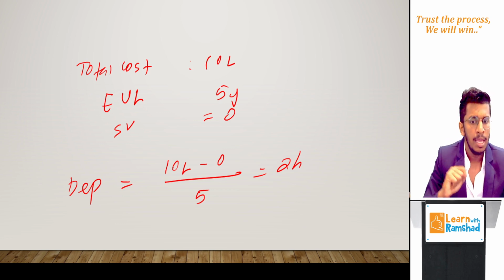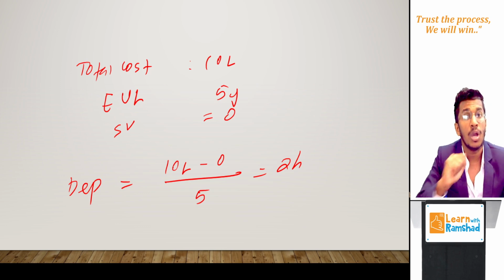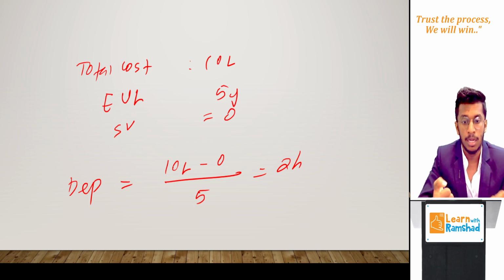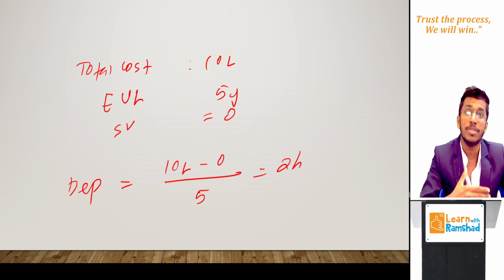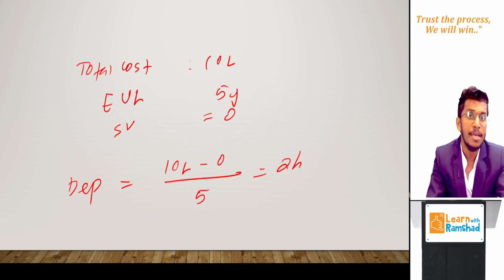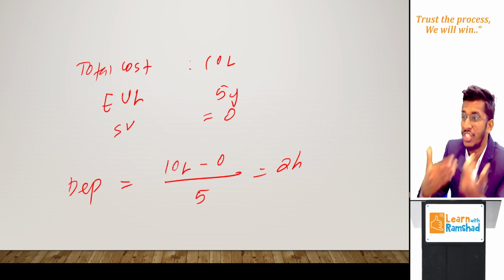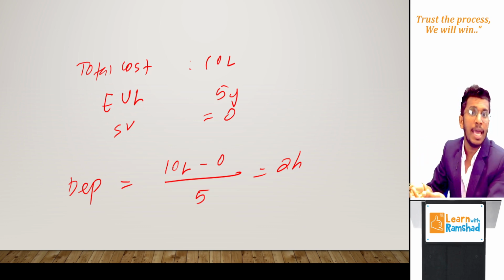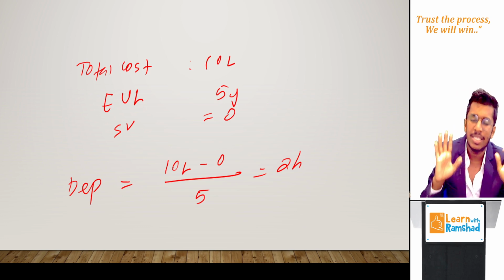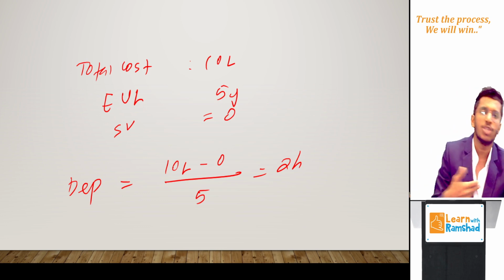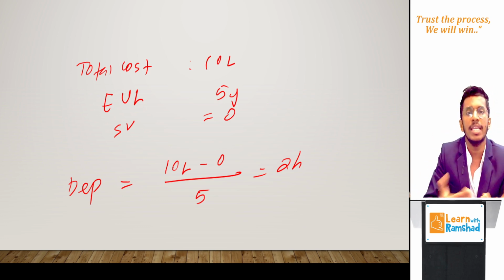Let's say an example. During this current year, your car had a lot of physical damage, scratches. In that year, actual depreciation may be more than this 2 lakh. But we are not bothering, we are not checking actual depreciation with a mechanic. No, we just take 2 lakh every year. That's over. That is how we calculate depreciation.